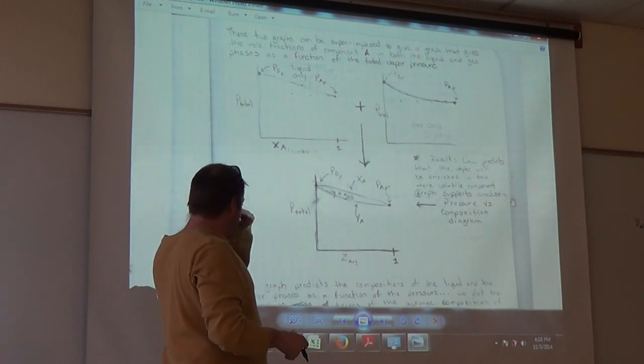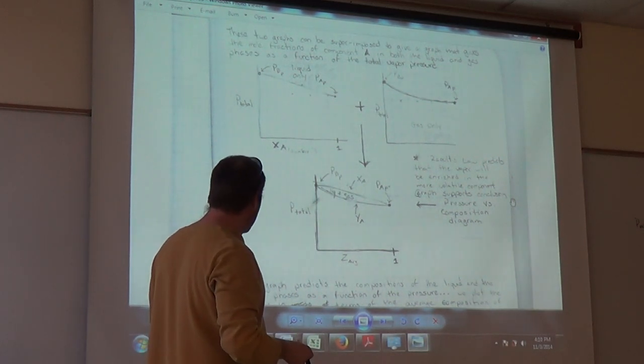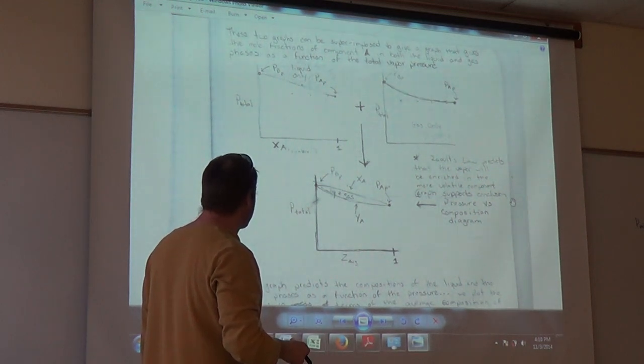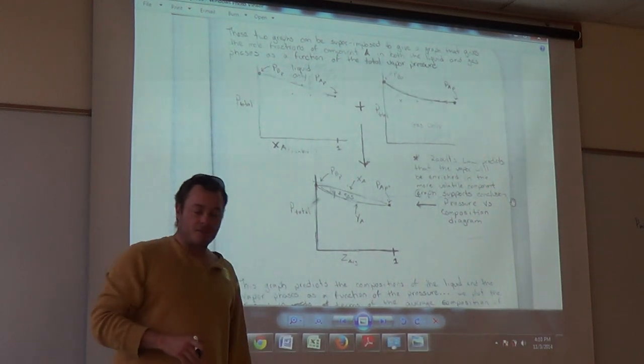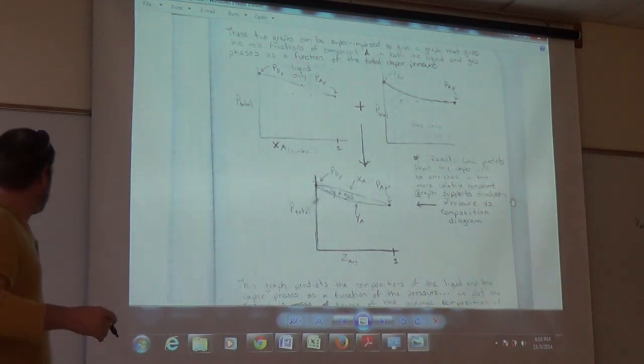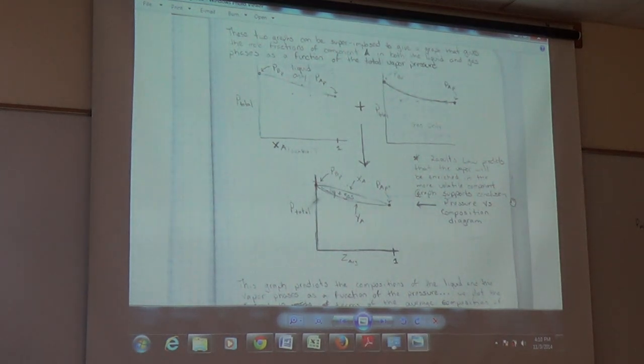So this is probably important right now to talk about the degrees of freedom that different systems have. Our degrees of freedom is always according to this rule. F is equal to components minus phases plus 2, right?